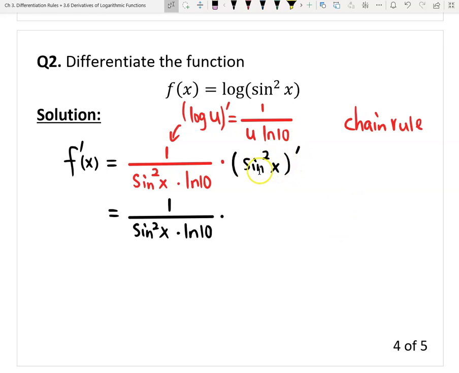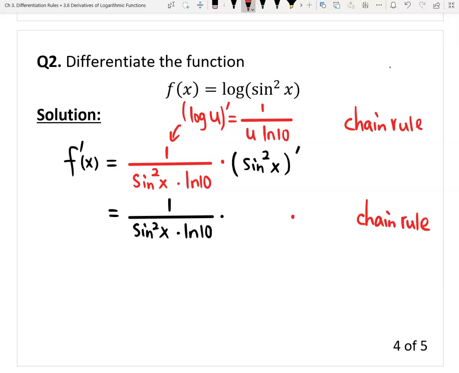You know this is also a composite function. The inner function is sine x. The outer function is u square. So we have to use the chain rule again. Of course, it's just like this.